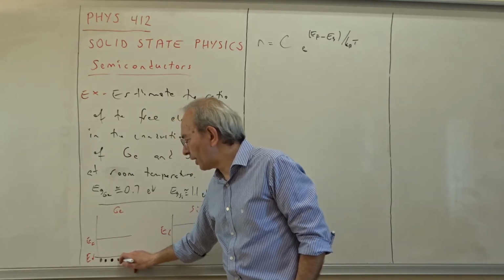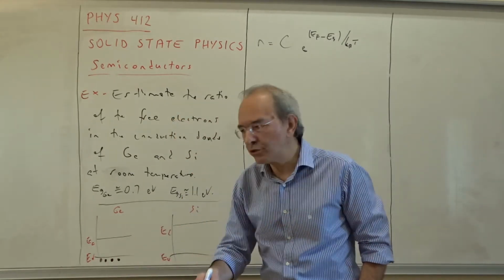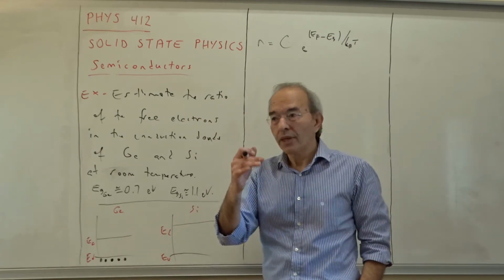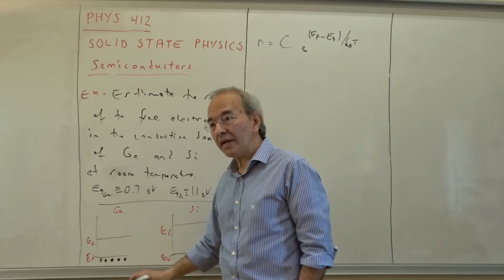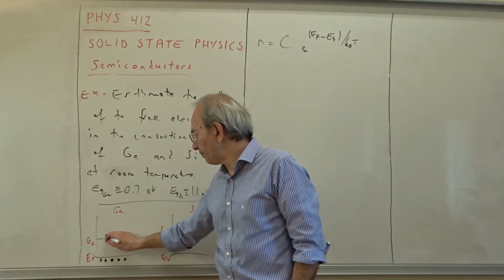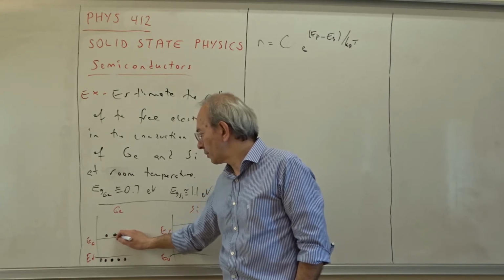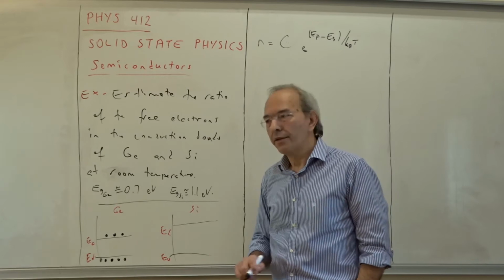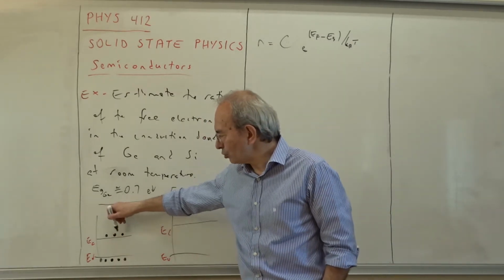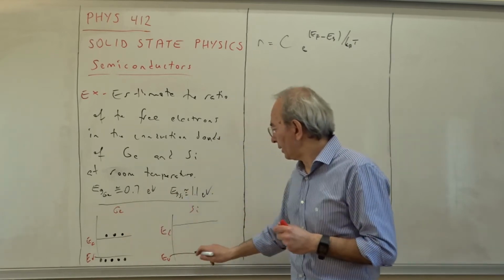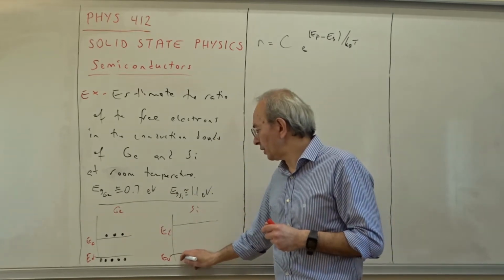electrons. There are of course billions and billions of such electrons, and these are the most energetic ones. But if possible, there will be some of them here. These dots correspond to little n for germanium, and let me draw a similar picture for the silicon.